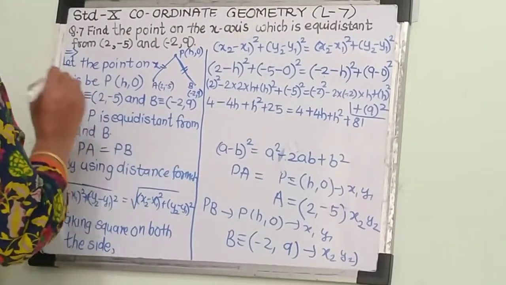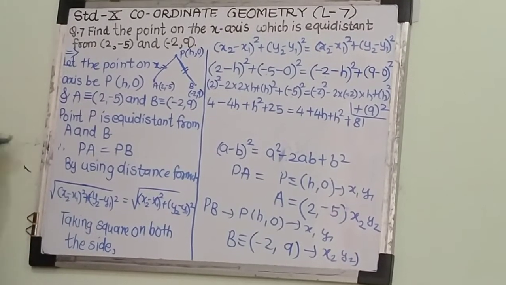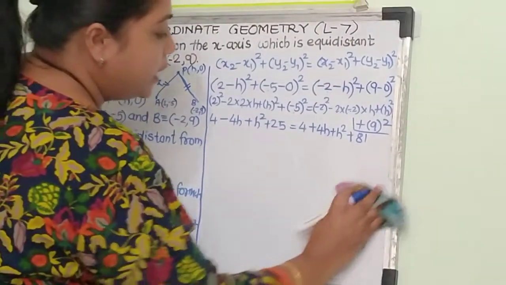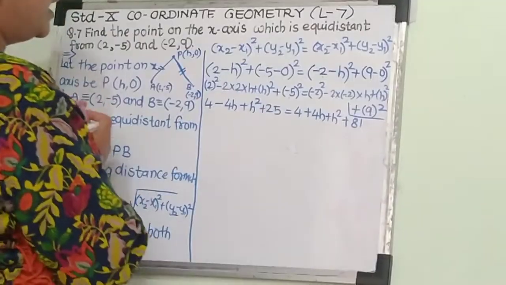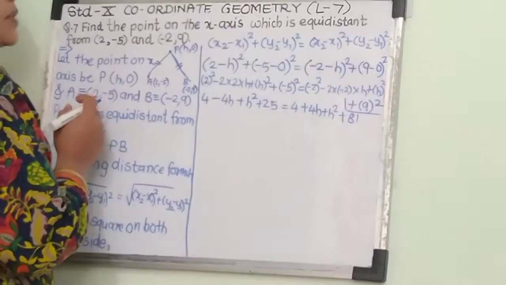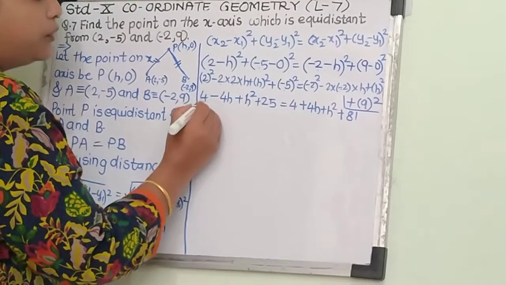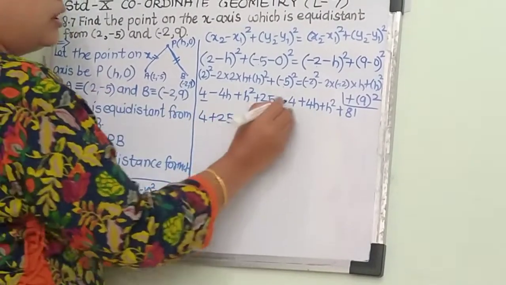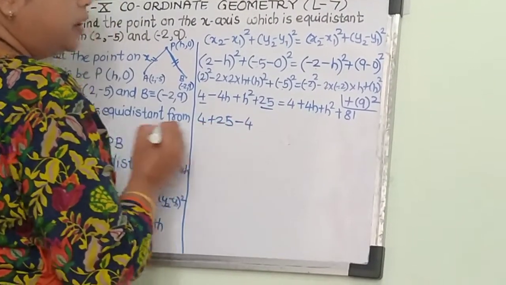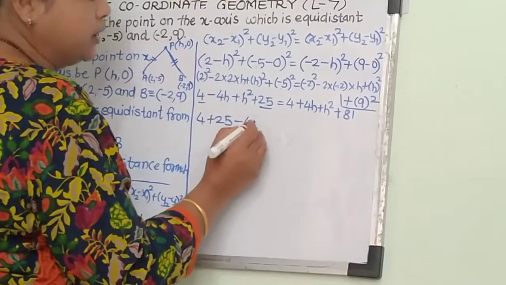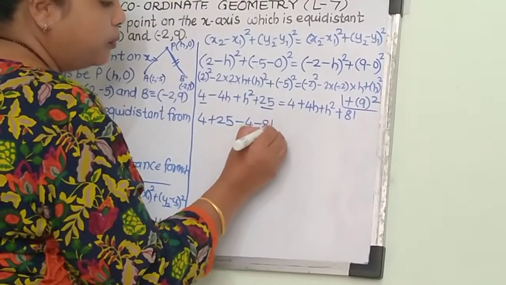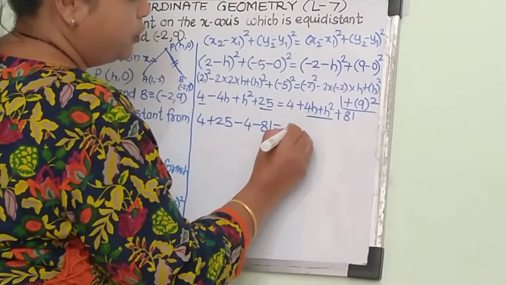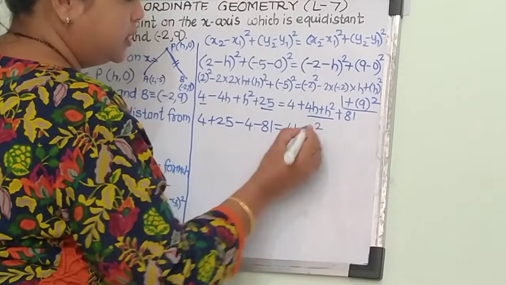Now we are going to write all the h terms on one side and remaining terms on the other side. So here 4 plus 25. Now this 4 will come to this side, it becomes minus, and 81 will come to this side, it also becomes minus. So here left only these two terms, 4h plus h square.